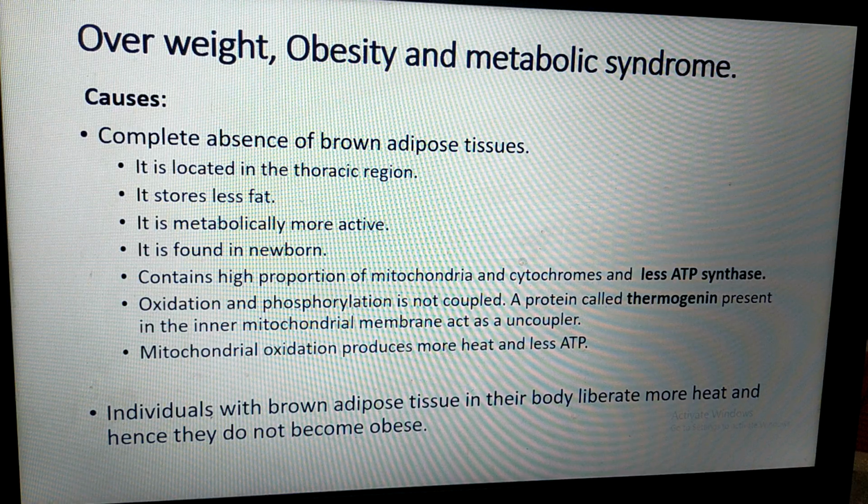Therefore it is called an uncoupler, and therefore whatever energy is released from the electron transport chain is not converted into ATP, and it is lost in the form of heat. So mitochondrial oxidation produces more heat and less ATP. Individuals with brown adipose tissue in their body liberate more heat, and hence they do not become obese.